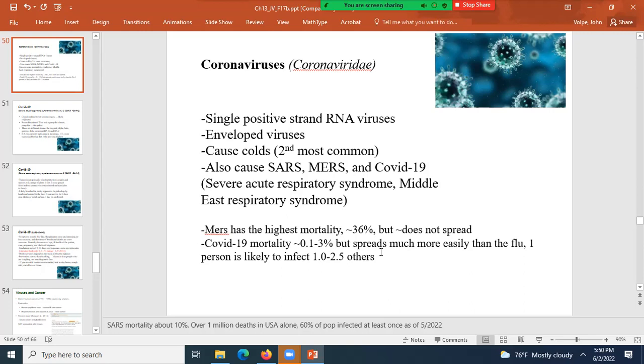You get some protection from Omicron, but the protection isn't 100%. And I don't think they know how much protection you get, because the new strain is just too new. All right, any question about any of that?